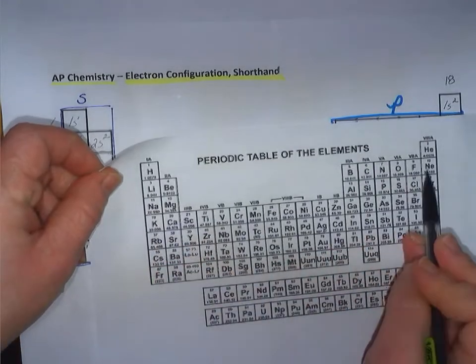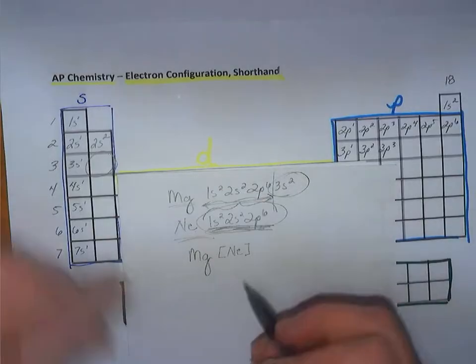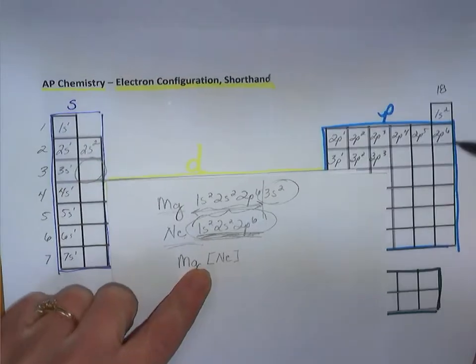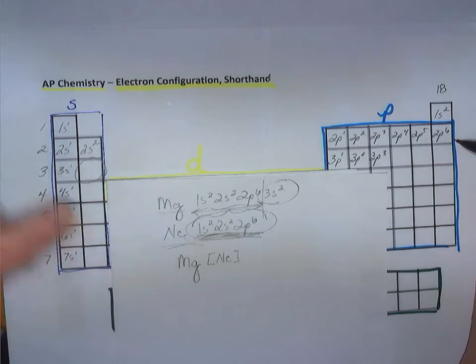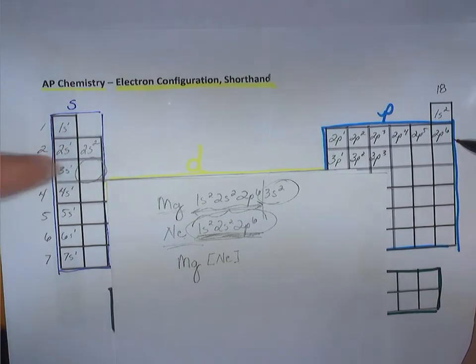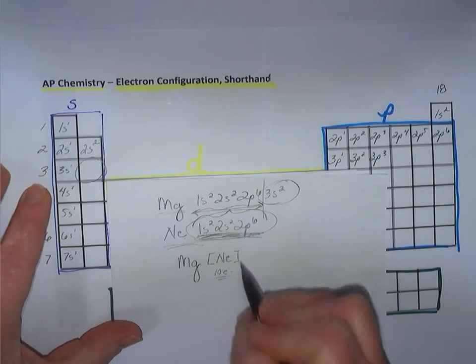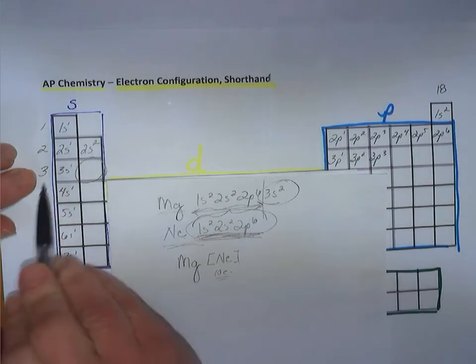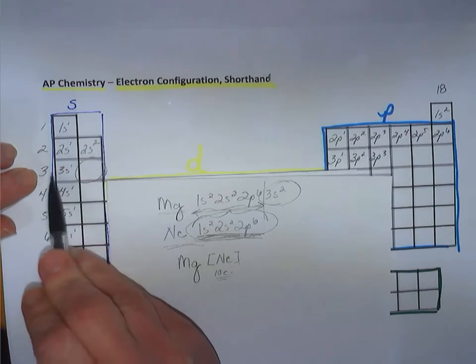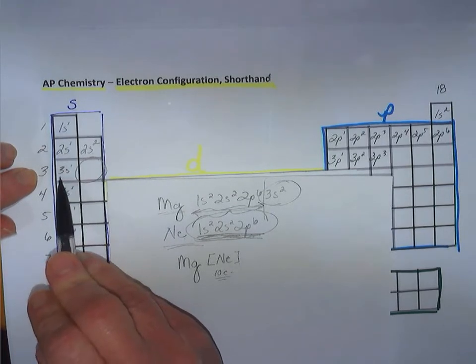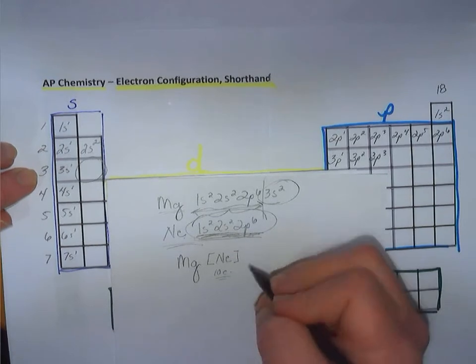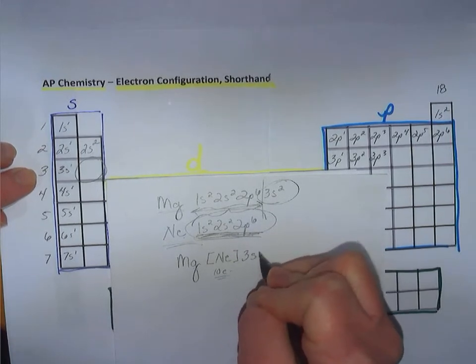All 10. So writing that would start me here. So I need to go from left and start adding on to what this represents as 10 electrons. Well, to get to magnesium, it's the second position over in the 3s. So that's all that I need to add.